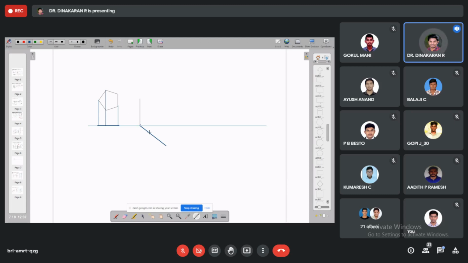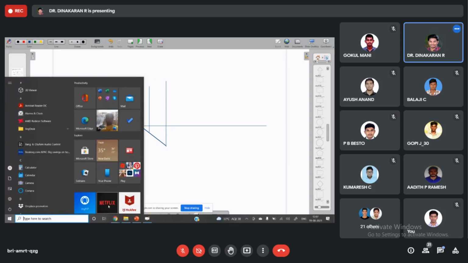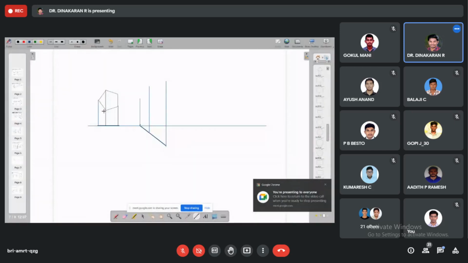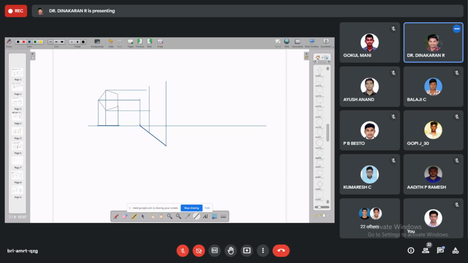I'm drawing approximately, okay. After that, if you connect these points, we'll get the final shape.